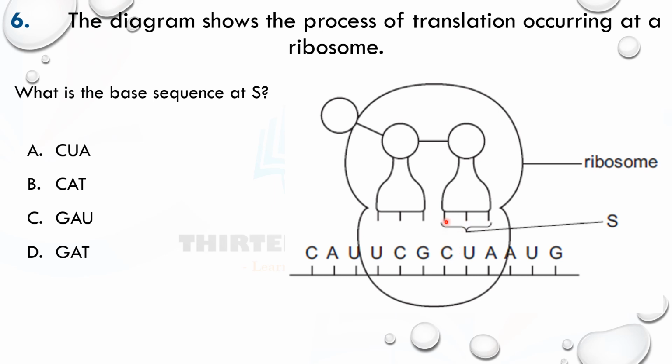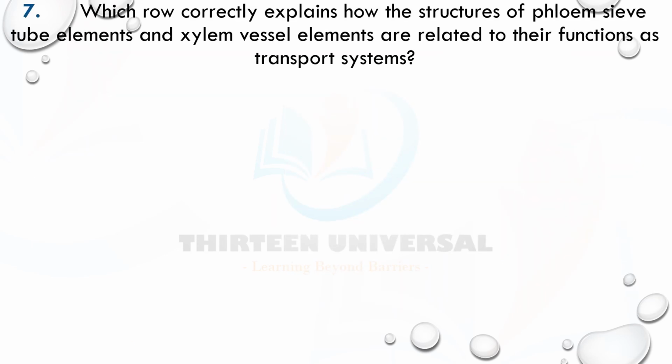This is C, which will go with G, because G pairs with C. So this is G. U goes with A, and then A goes with U. So that's GAU. The answer is C. All right, look at the next one.